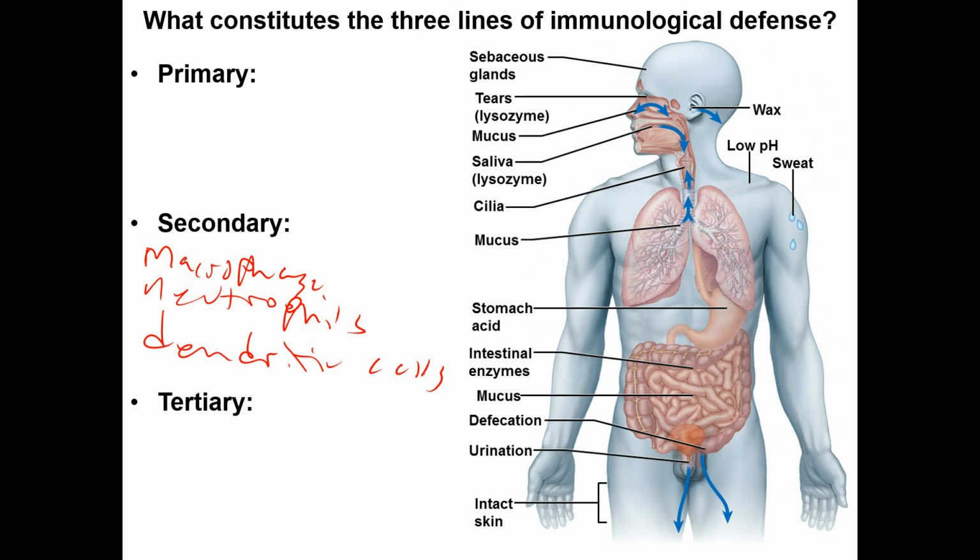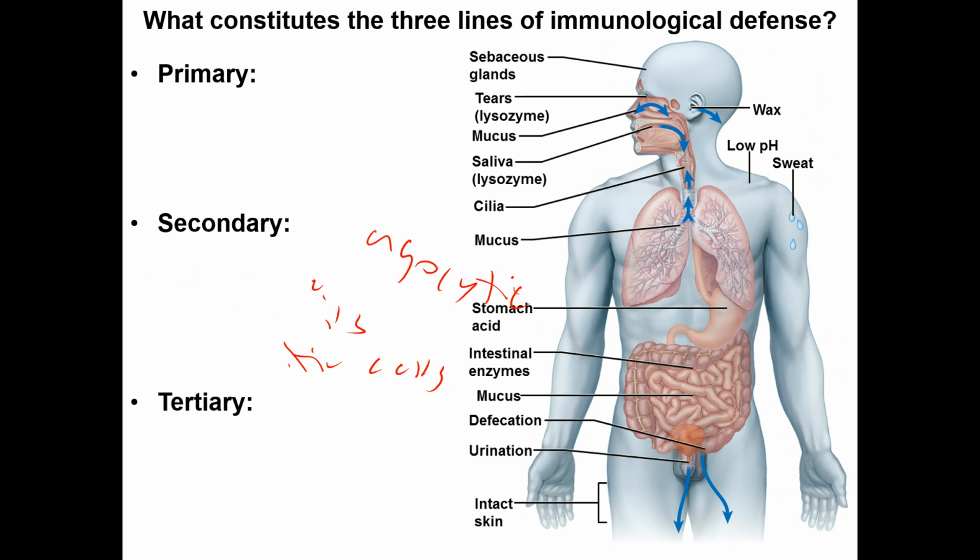All these guys are examples of phagocytic cells. So their job is to engulf foreign antigens, ultimately destroy them, and also present those foreign antigens to T cells.